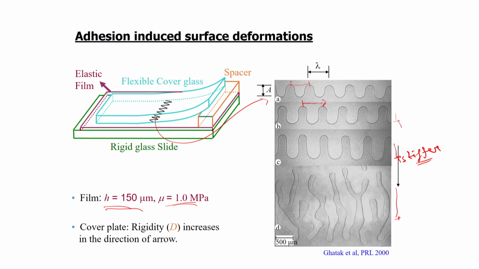What we find is that we have an adhesive film here where we do not have any viscous effect, we have only elastic effect, yet we see this kind of instability, and the wavelength of the instability remains independent of the stiffness of the flexible plate. It does not depend upon that. We call it flexural rigidity D. So, it increases in the direction of the arrow.